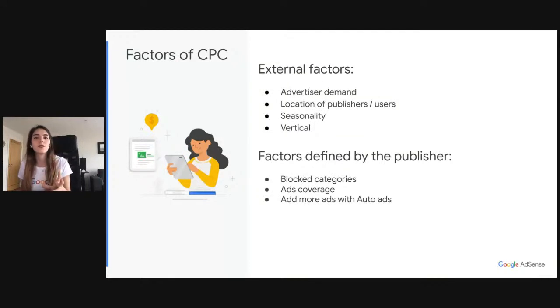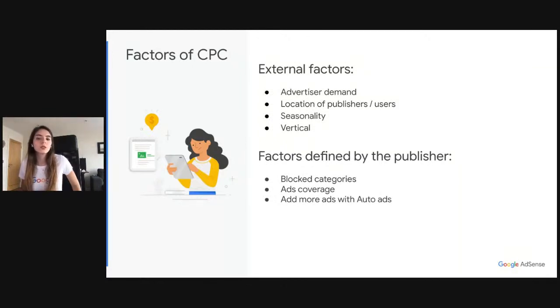Vice versa, if you are a summer travel beach website, it may start in early spring. So seasonality is an important factor. Then we have verticals. Each vertical, being e-commerce, news, travel, finance, may have different earnings because advertisers are willing to pay in a different way.